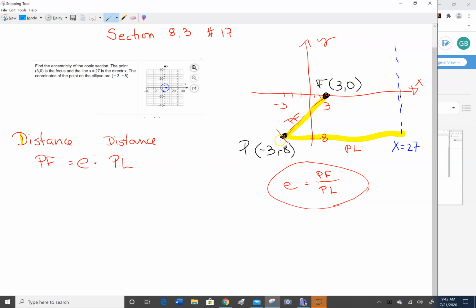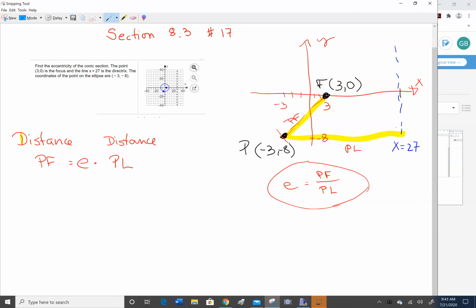So we have to find the distance between the point on the ellipse and the focus, and the distance from the point on the ellipse to the vertical line x equals 27. Again, it's the ratio of the distance between the point and the focus to the point and the directrix, a fixed line.